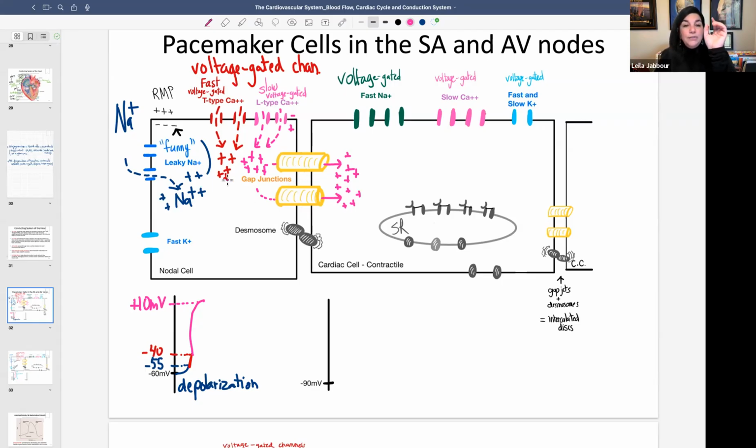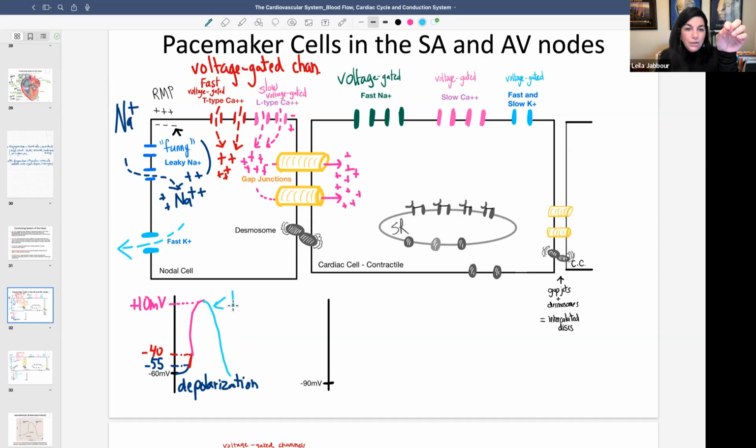Okay, so eventually this nodal cell is going to repolarize because of the exit of potassium ions. So at one point, when we reach +10, we're going to have repolarization of the cell.